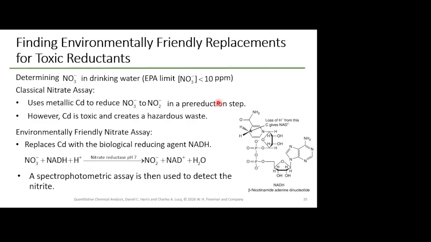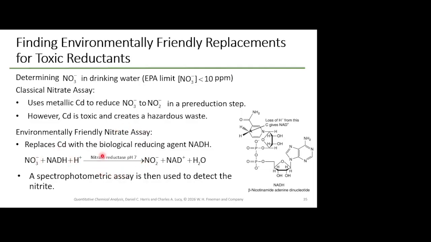And so there is a more environmentally friendly nitrogen assay. We change out the Cd with a biological reducing agent, and that biological reducing agent is NADH, the same thing as a supplement in your body. Yes, that one. And so that is much, much better for the environment, of course, and very similar to biology, isn't it?